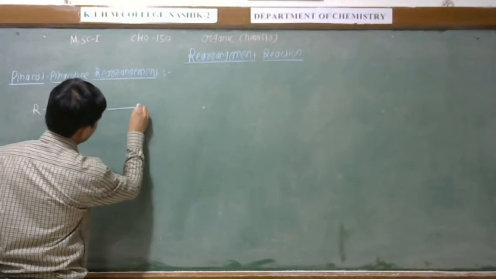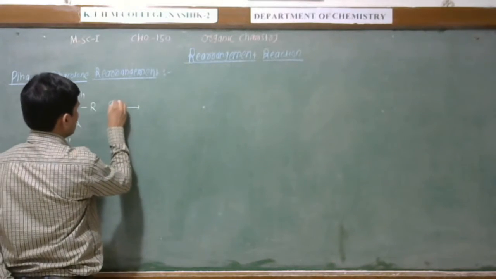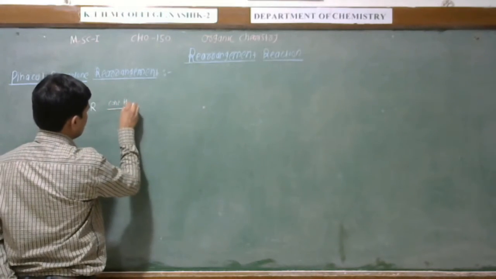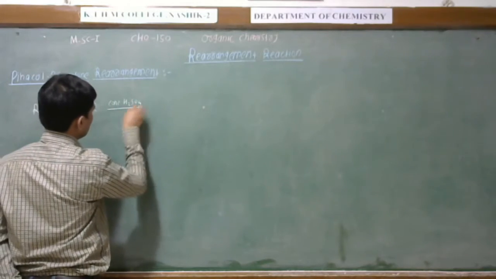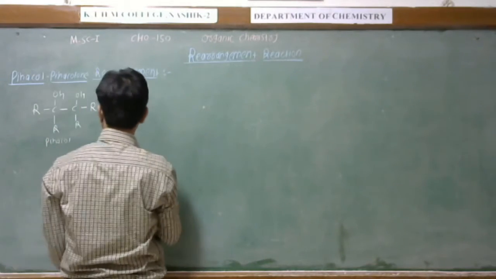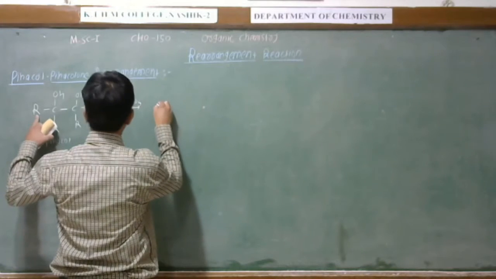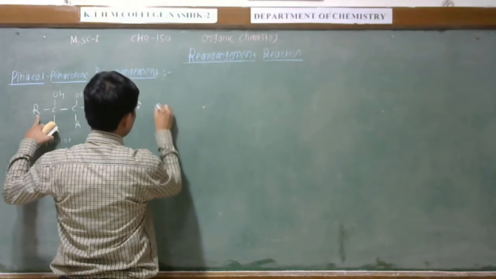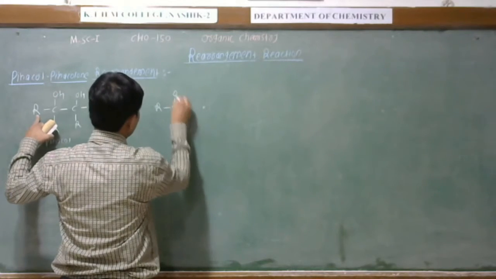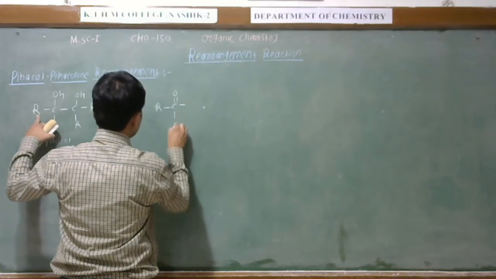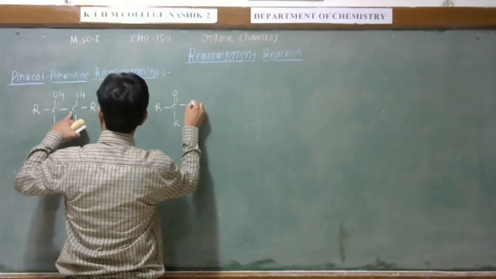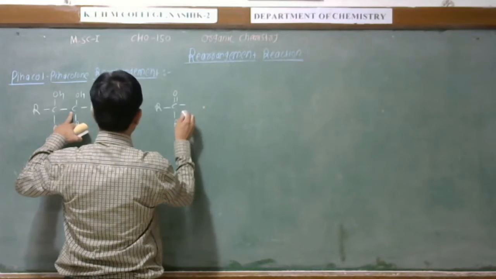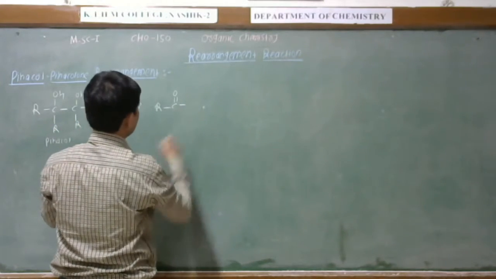And when such pinacol reacts with concentrated or moderate H2SO4, then it will give us the ketone. The ketone will be like this. See, this is the R group. This is C double bond O, and this is the R group. This R will be shifted here.